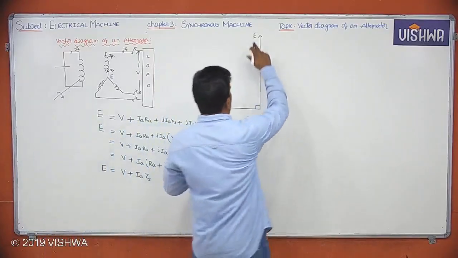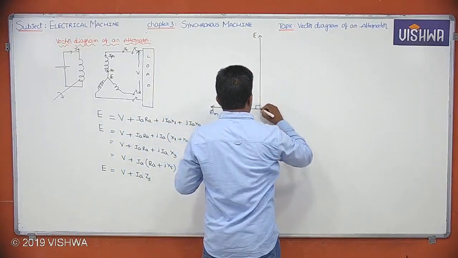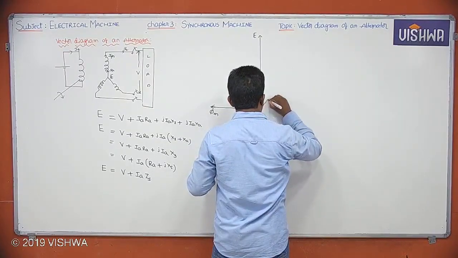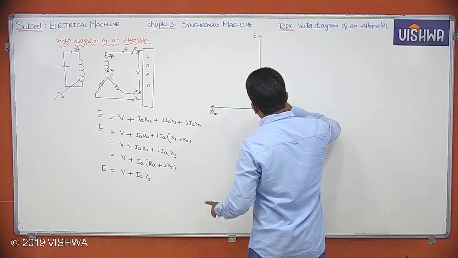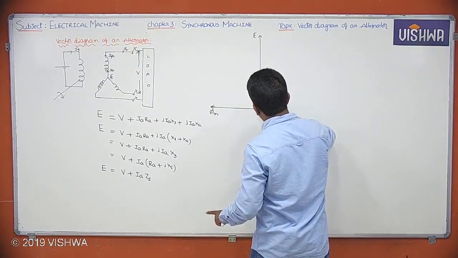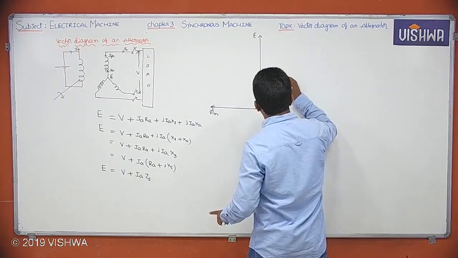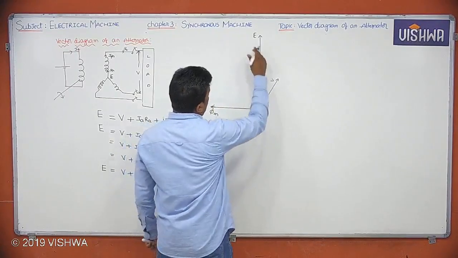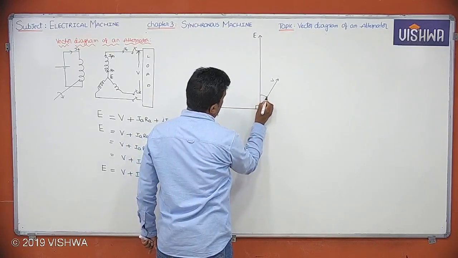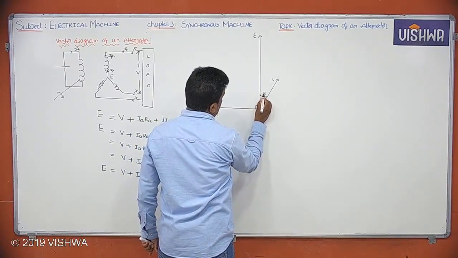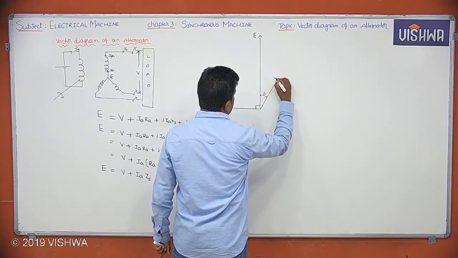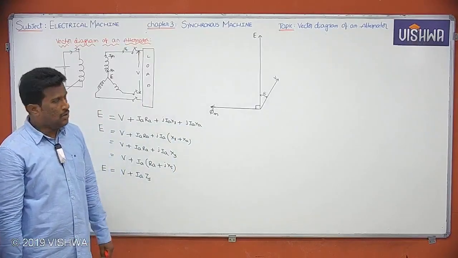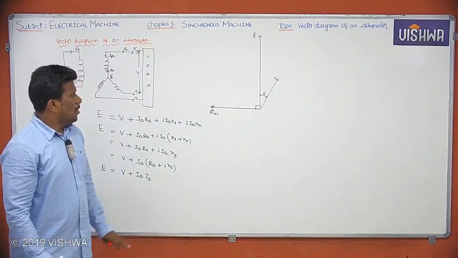The V vector lags E by an angle delta. This delta can be called the load angle.